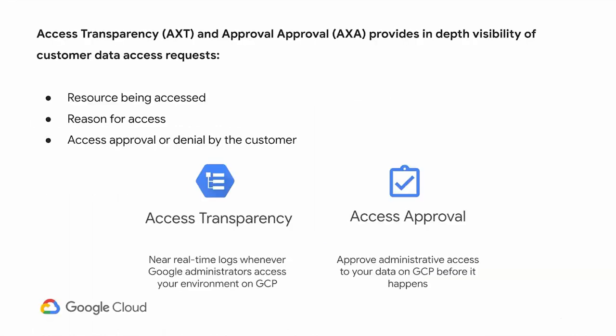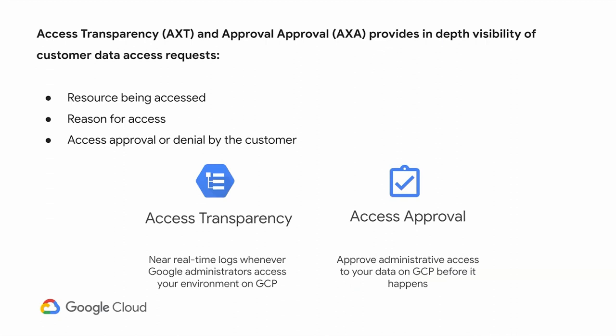So this brings us to things like access transparency and access approvals, and different vendors are going to have variations of this. Access transparency and access approval can help expand the visibility and control you have over your cloud provider with admin access logs and approval controls.